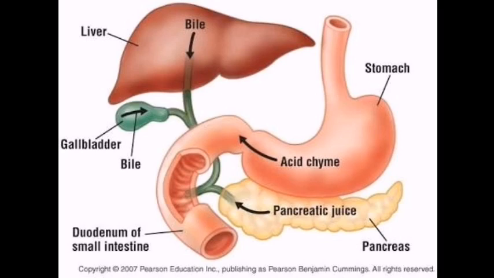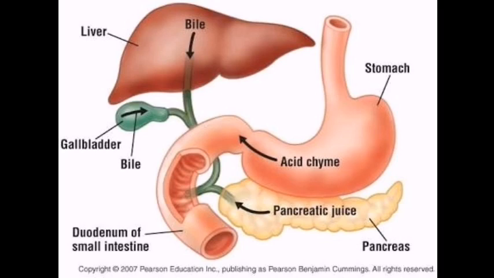It is reddish brown in color and is situated on the upper part of the abdomen on the right side. It secretes bile juice, which is stored in a sac called gallbladder, and this bile juice helps in the digestion of fats.